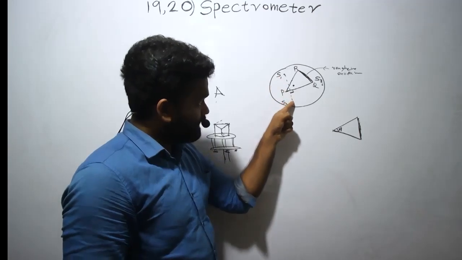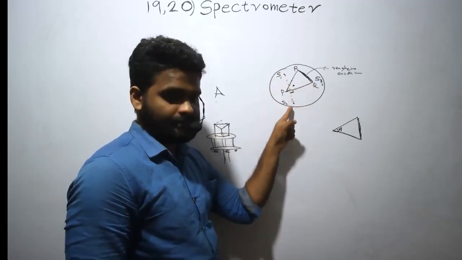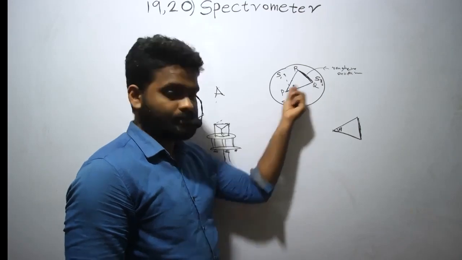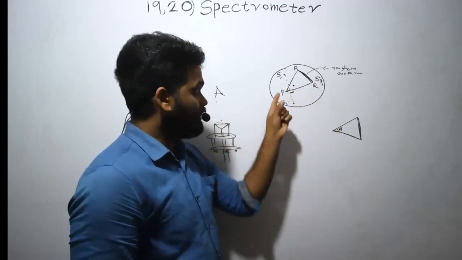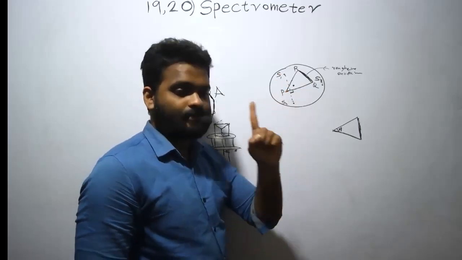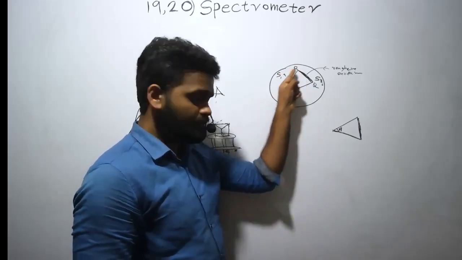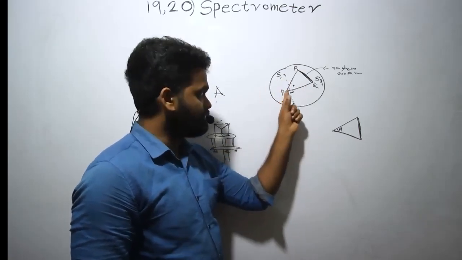When you draw this line, one side of the prism is perpendicular to one of these lines of the screws. Those screws are in an equilateral triangle. It can be any of these sides, either PQ or PR, but I placed it as PQ.